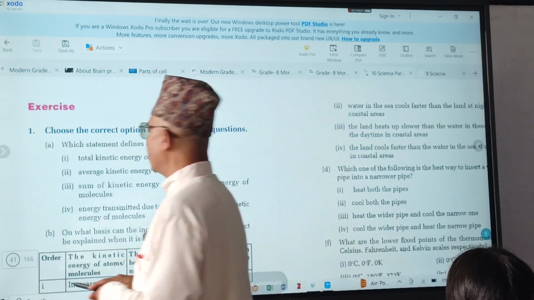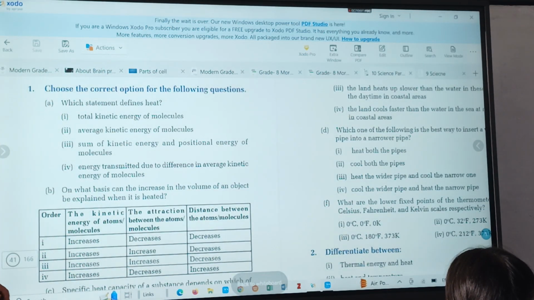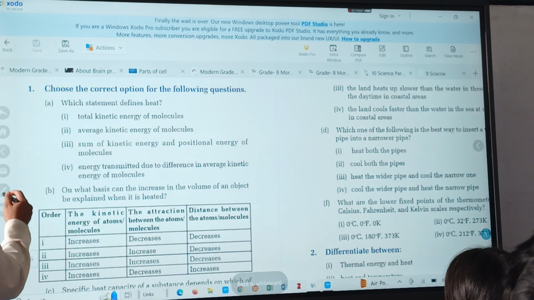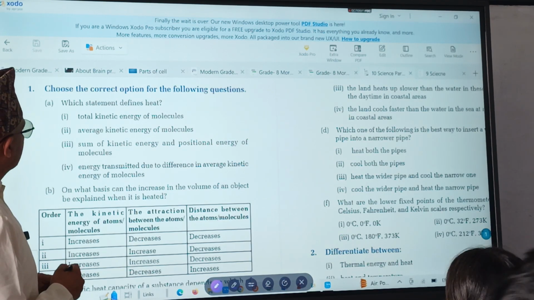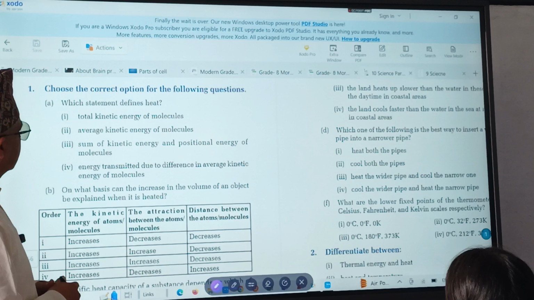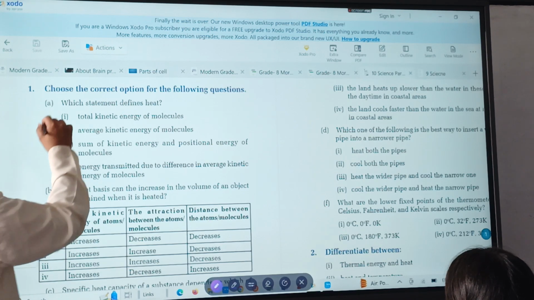This is yours, class 10. Which statement defines it? Total kinetic energy of molecules, right?